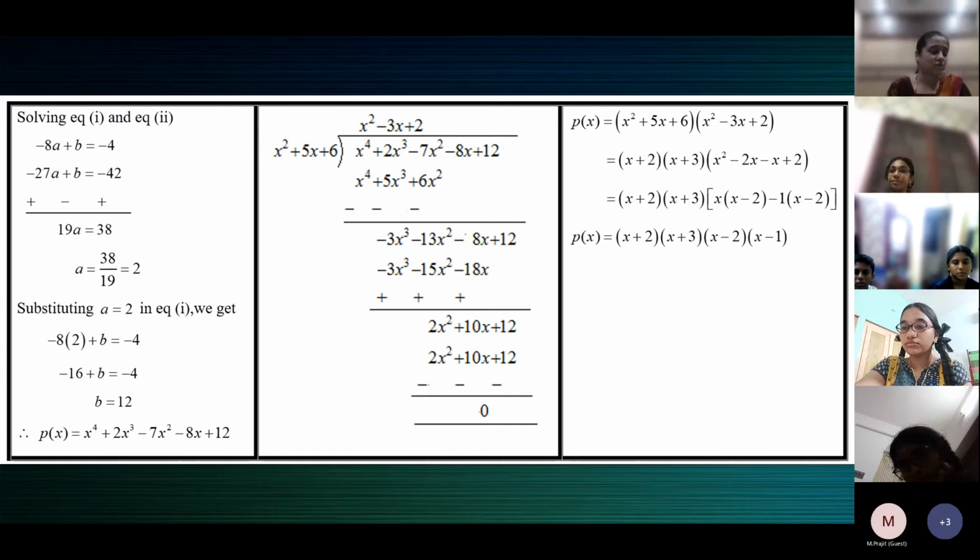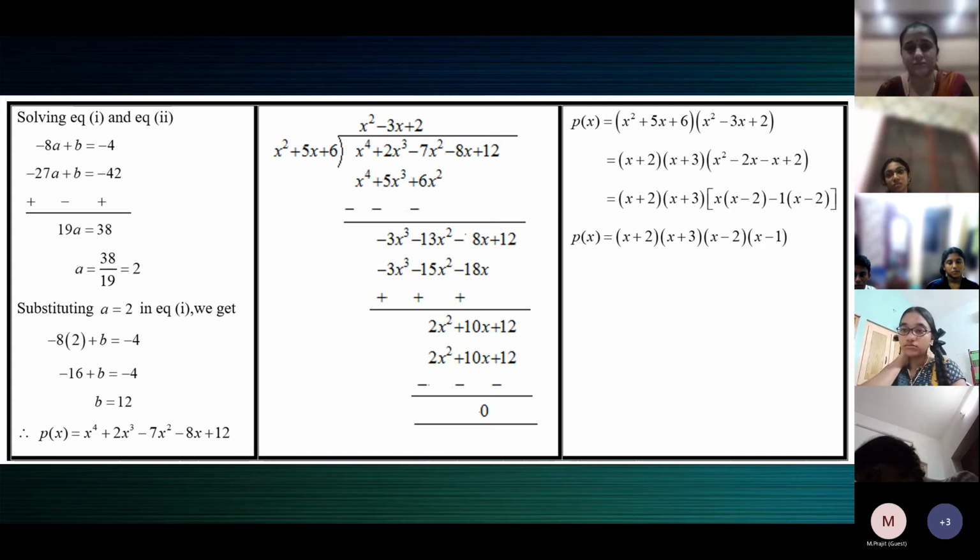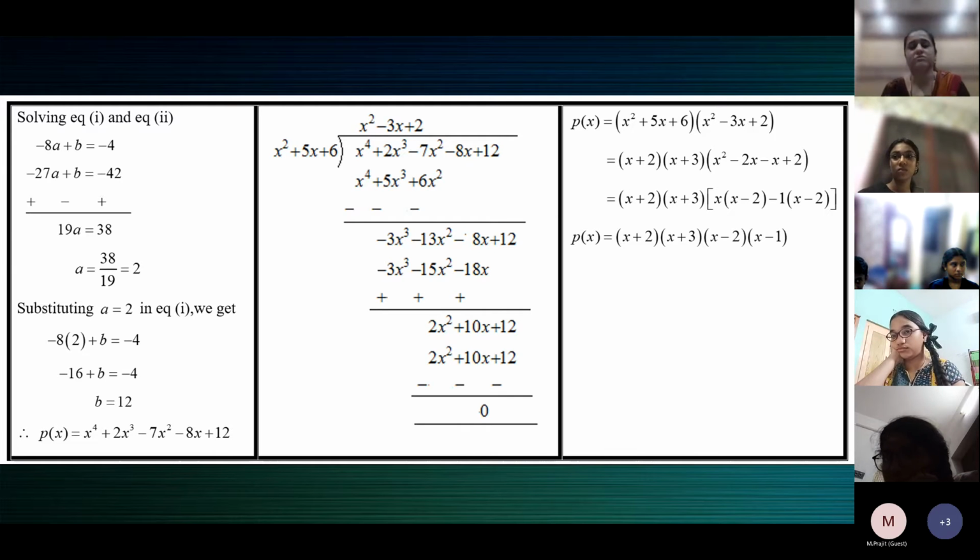To factorize a biquadratic polynomial, you need a quadratic divisor, which is already given to us. So we straight away perform the long division, use the division algorithm: dividend is equal to divisor into quotient plus remainder. Then we find the factors.